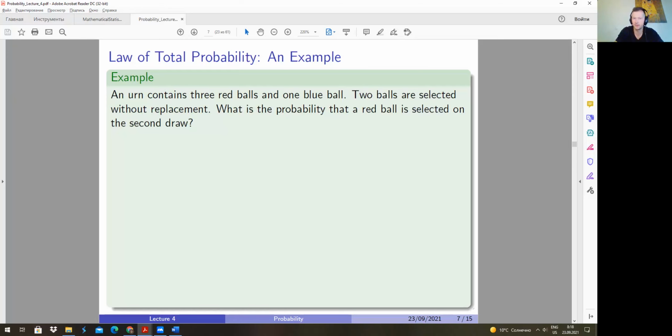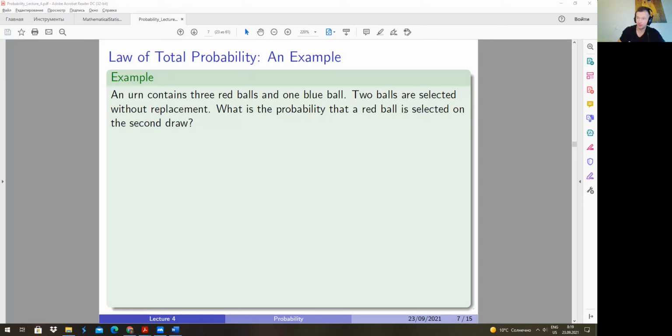So basically we know the answer, right? Because we did it. No. I think actually no, because we have different cases now. Okay, so go on, please. We have one particular case when a red ball was taken on the first draw, and we know the probability to have a red ball on the second draw. But now we have an additional possibility.